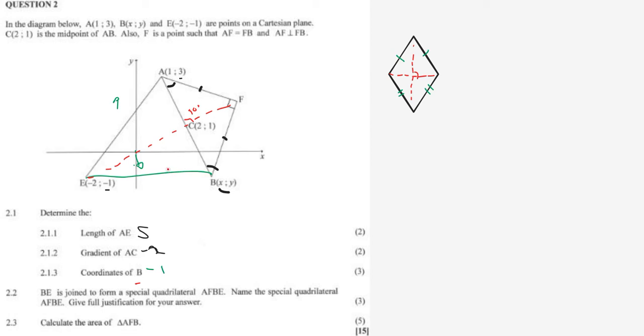We said so far we have to prove this one is equal to this, or maybe prove that the diagonals bisect each other at 90 degrees. Trying to prove that, we could just get the distance of EF. If the distance of EF equals EA, the one that we calculated in our first question, then we can say this is a kite because the adjacent sides are equal.